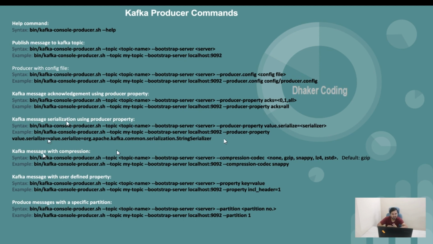Next, Kafka message with compression. Let's say the message is too big, and I want to compress it. Whatever compression algorithm type you want, you can give it. Just give the option compression-codec. The values are none, gzip, snappy, lz4, and zstd.